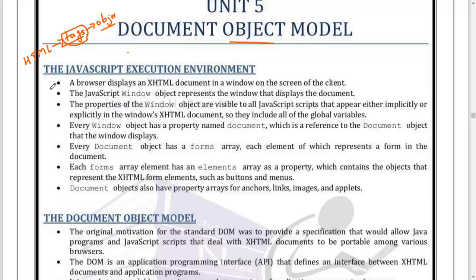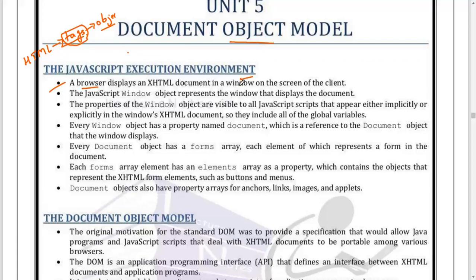First point, when a JavaScript program is executed, it is going to be displayed on the browser. When it is displayed on the browser, it is going to be displayed in a window. As you know, we'll have several tabs in a browser.